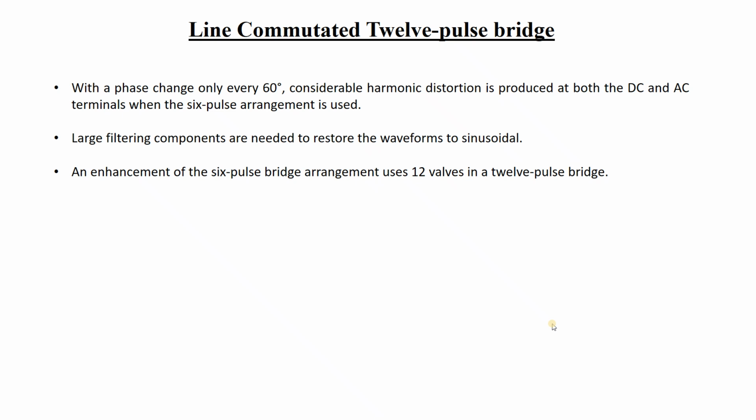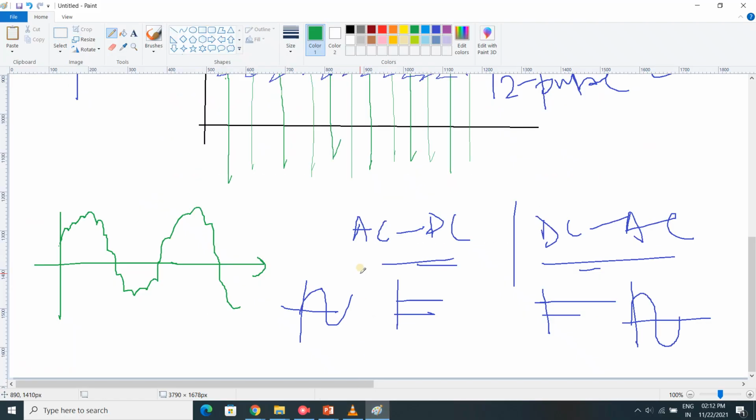That is why it was observed that if we double the number of pulses from 6 pulse to 12 pulse, the harmonics are reduced. The waveform not only for AC to DC becomes smooth, but for DC to AC the harmonics are reduced to a much greater extent, and thus the AC signal is also smoothed.